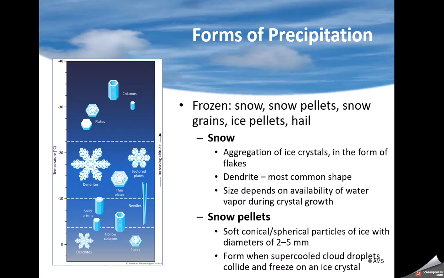The difference in the amount of snowfall you're getting is huge. When you're having dendrite snowfall, it's fairly fluffy. When you're having more of the solid prism snowfall, it's fairly tiny. Maybe a lot of them, but they're fairly tiny. So you wind up getting much heavier snow when there's dendrites.